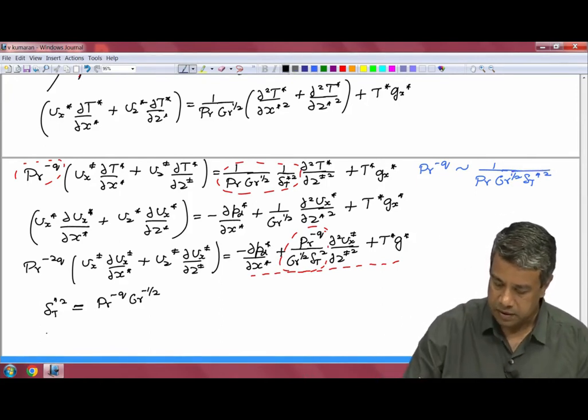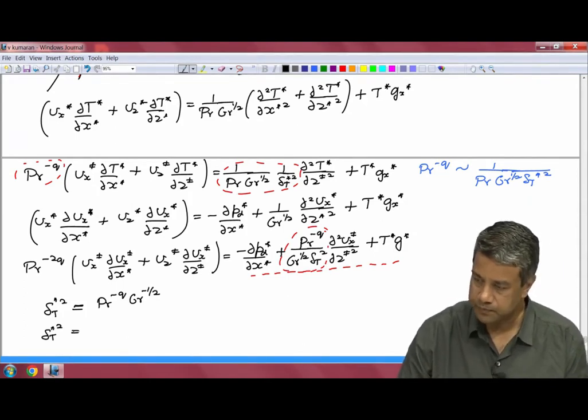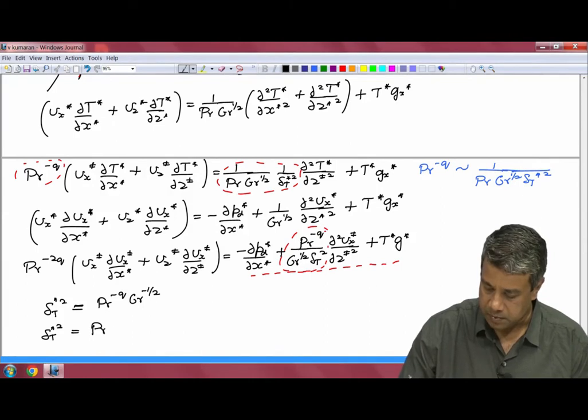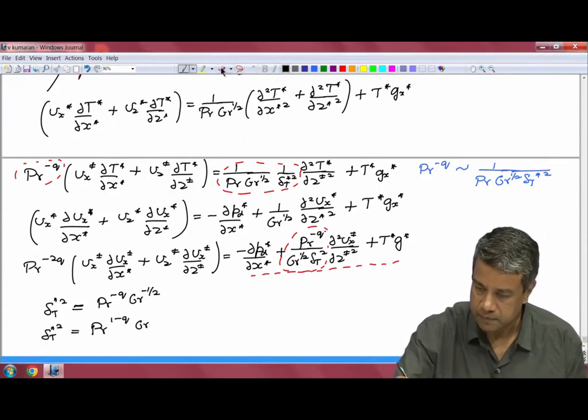Or alternatively, delta T square is equal to Pr to the power 1 minus Q, Gr to the power minus half.